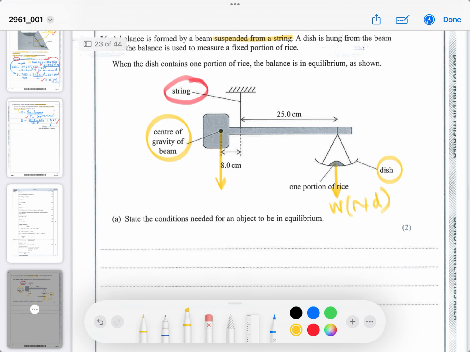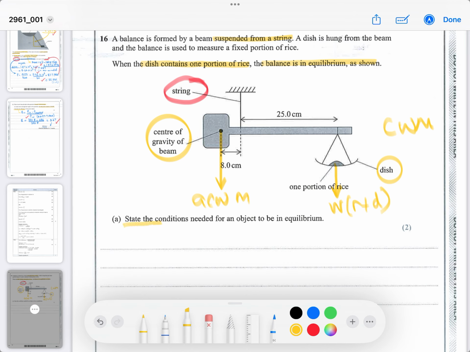But first of all, they want you to show that when the dish contains 1 portion of rice, you have equilibrium. We're going to use this later on to balance the clockwise moments, which is due to the dish, with the anti-clockwise moments, which is due to the weight of the beam, which all the weight is on the left.